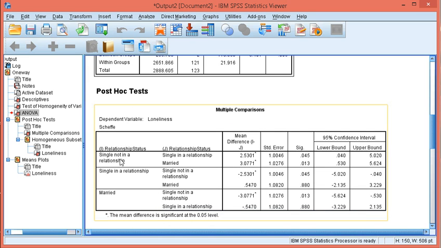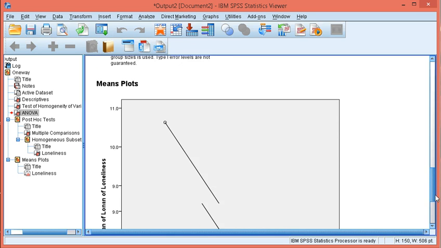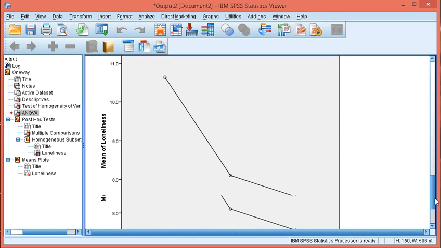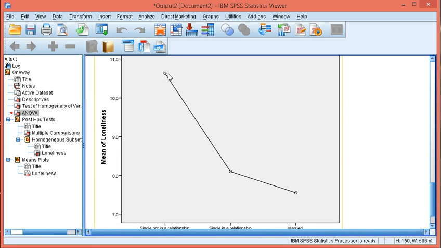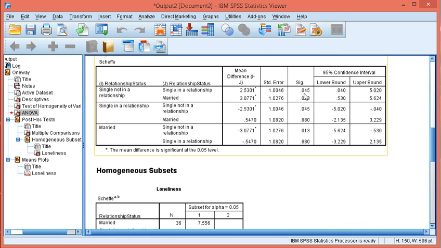Next one, single not in a relationship and married. In our graph, where is that? Here. Are they significantly different? The answer is a resounding yes. 0.013, less than our alpha. Now this one, single in a relationship and single not in a relationship, is pretty much the same as this one.